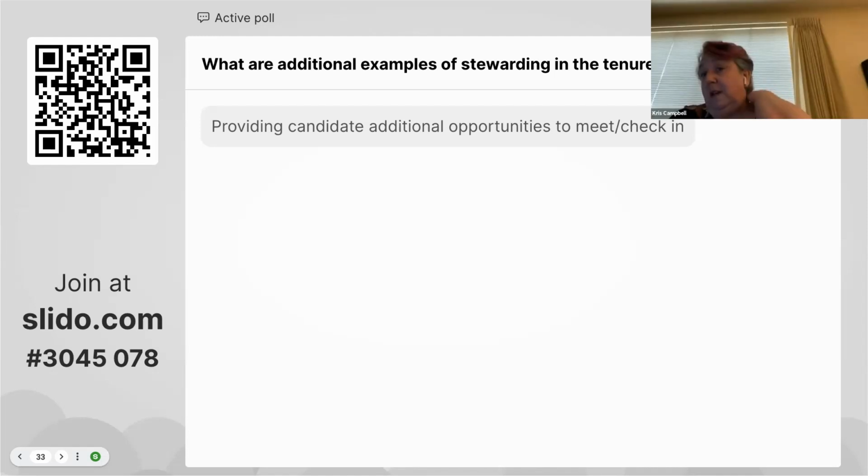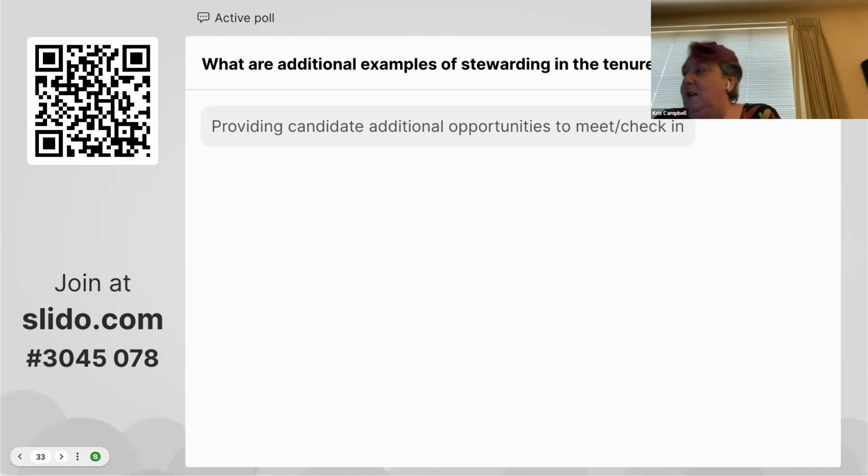In our tenure process, we have the assessment portfolio that gets handed in once a year. One person on the committee reviews that and provides feedback. When I was going through the tenure process, I didn't get to talk to anybody on my tenure committee. I turned over my portfolio, then I got the report and I signed off on it, and that was it.